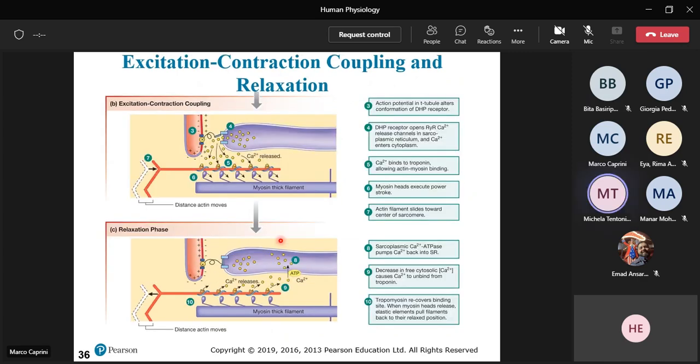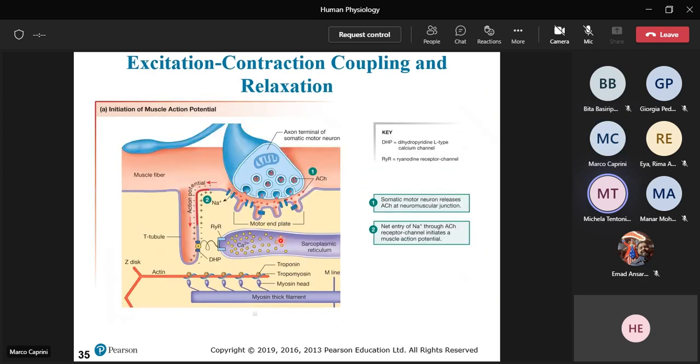Prof, is it maybe when we close the channels? We close the channel. Yeah, like when we no longer have voltage, when we don't have a high enough depolarization, the channels close. Okay, they're voltage gated.